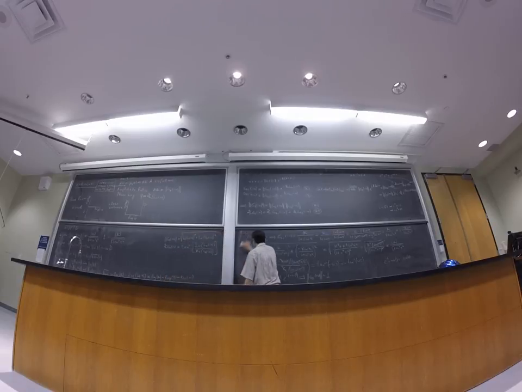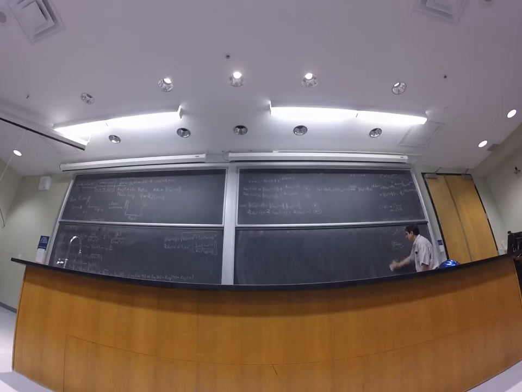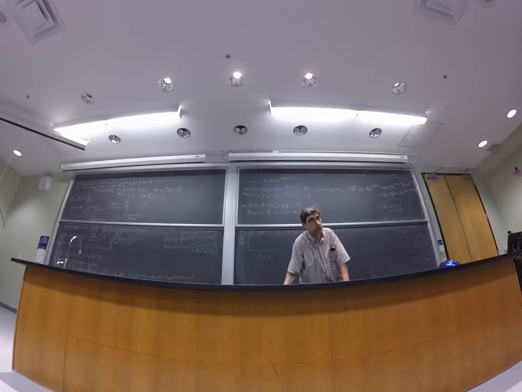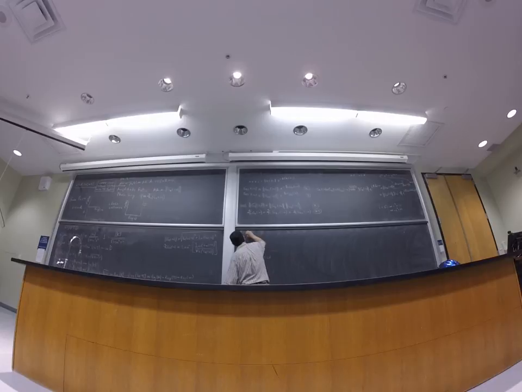So, what would that plot look like? It will have two asymptotes. It will have a low frequency asymptote, meaning as omega goes to 0, which will go to log absolute value of k.